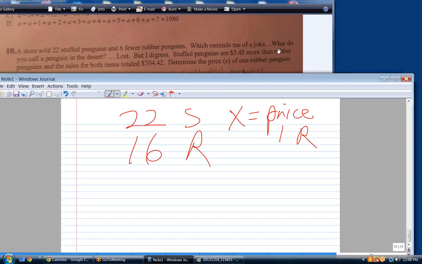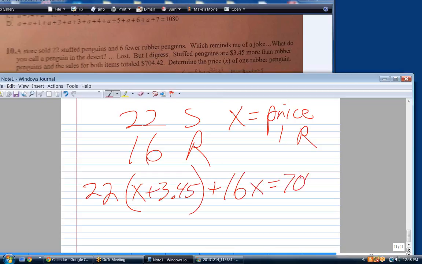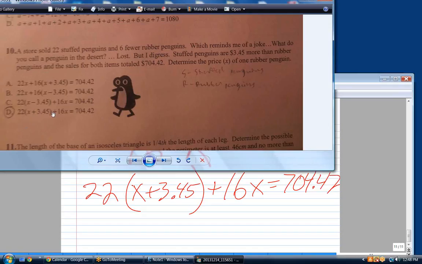Based on the middle sentence, stuffed penguins are 3.45 more than rubber penguins. You could do 22 times X plus 3.45, and then 16 times X equals 704. And that's probably their answer. D.